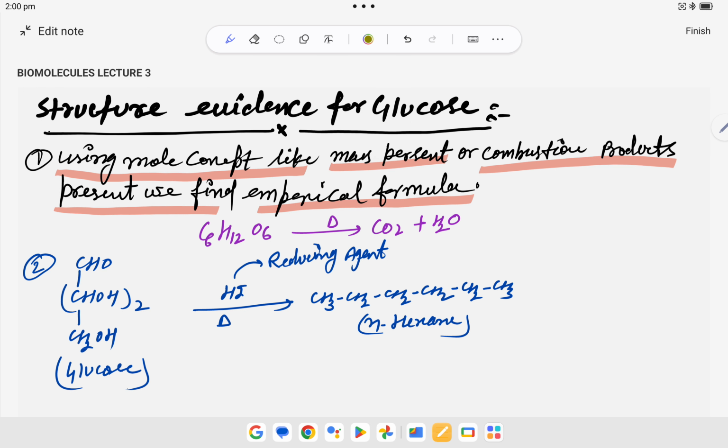So what does it prove? It proves that all carbons in the glucose molecule are connected in a straight chain.